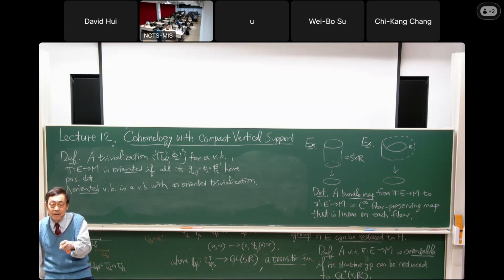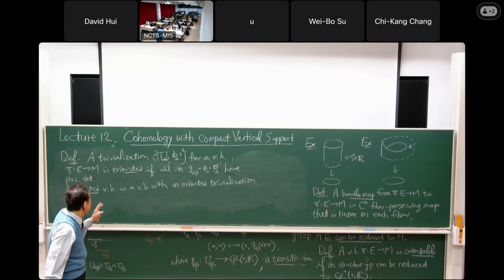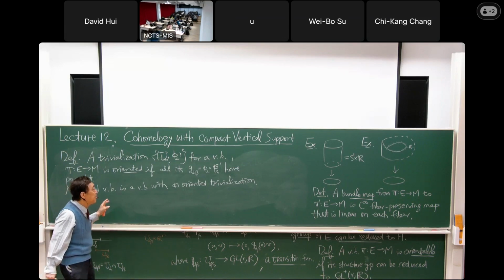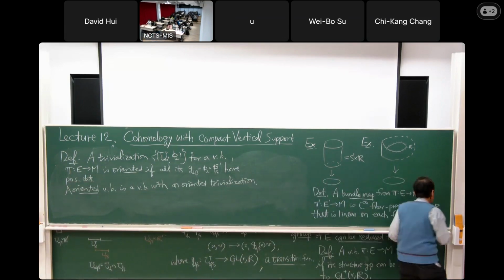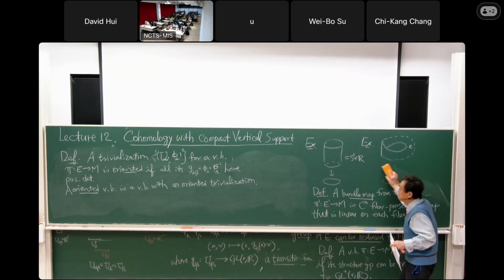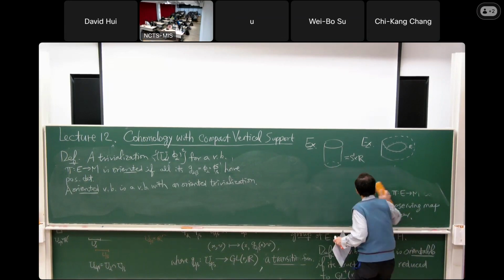Okay? Then you can integrate. Well, you also need that each fiber is oriented. So we're going to define a new kind of form. It's called a form with compact vertical support.